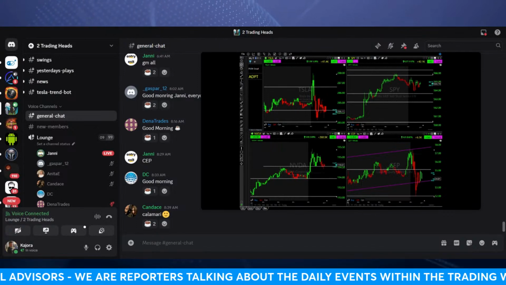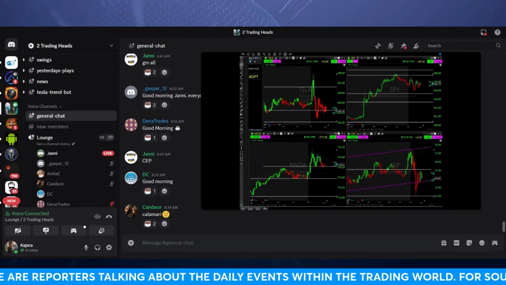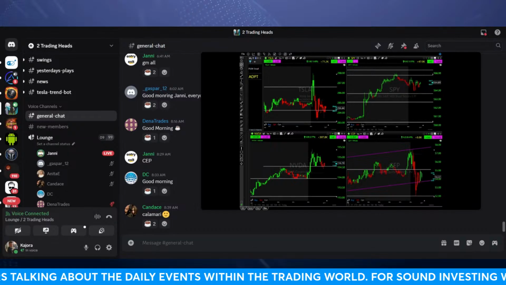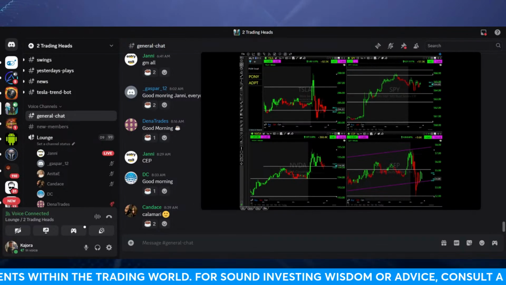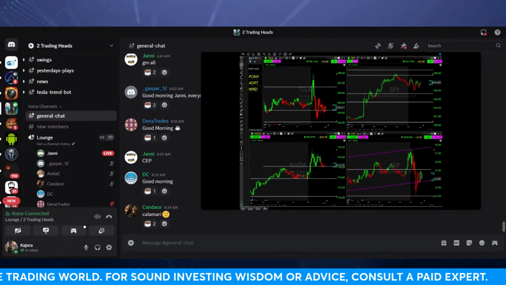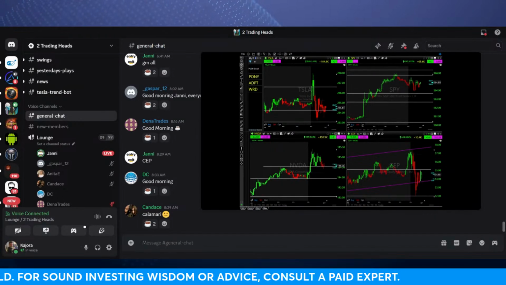So we got a beautiful move up and down, and now we are going sideways. That's where we are right now. Sideways action.